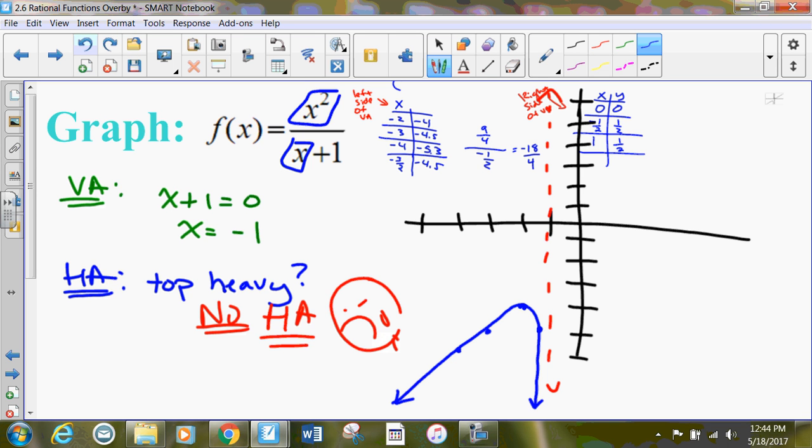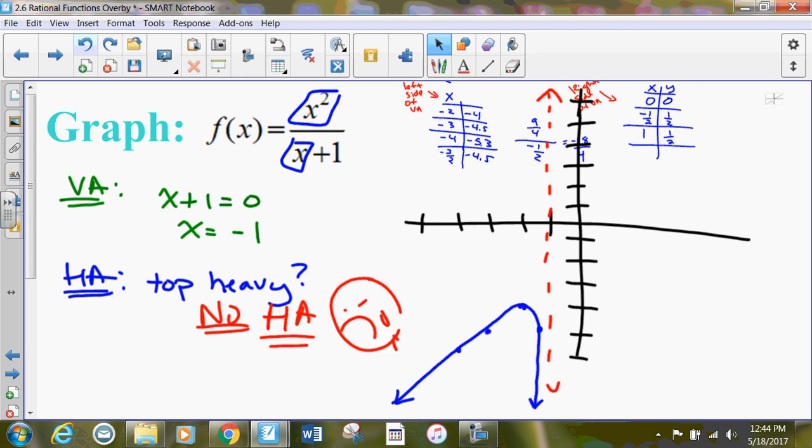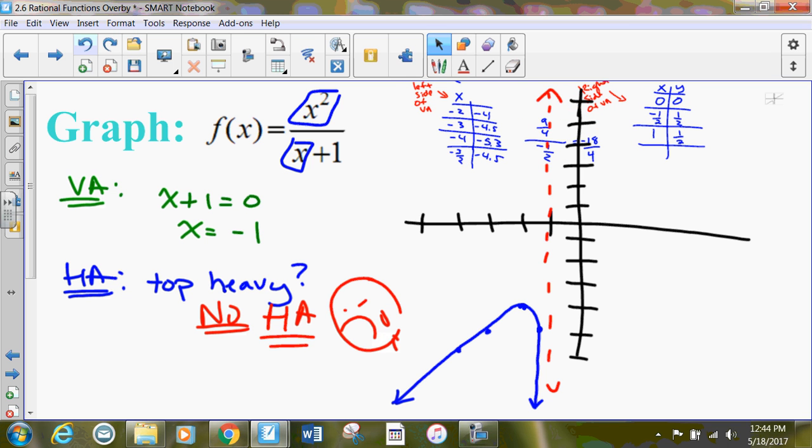That's what's happening on the left side. And on the right side, if I really pay attention and graph my points, on the right side of the vertical asymptote, when I plug 0 in for the function, I'm getting a 0. So I've got a point here. And at -1/2, I'm 1/2. And at 1, I am 1/2.